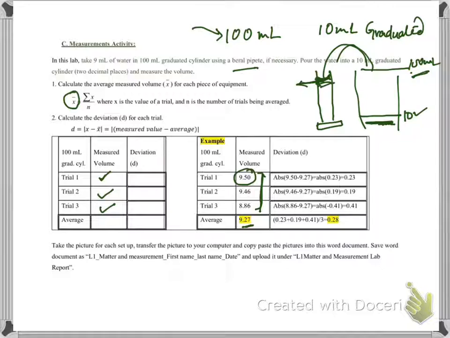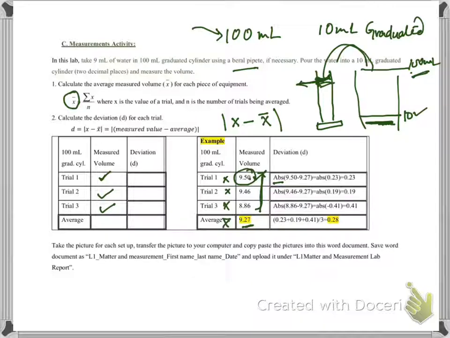So that formula is deviation equals the absolute value of x minus x bar, where x bar is the mean. The absolute value sign means distance, and distance cannot be negative. So if you do x minus x bar and it comes out negative, your answer will still be positive. Here, this is my x and this is my x bar.